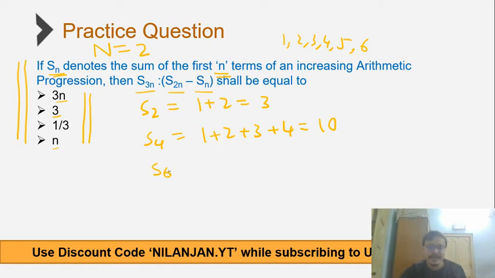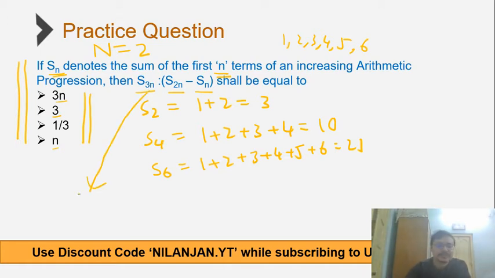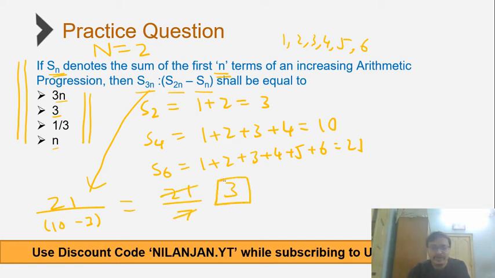What about S3n, that is S6? That is the sum of the first 6 natural numbers, which is equal to 21. So this becomes 21 divided by S4, that is 10, minus Sn, that is 3. So that is 21 by 7, which comes out to be 3.